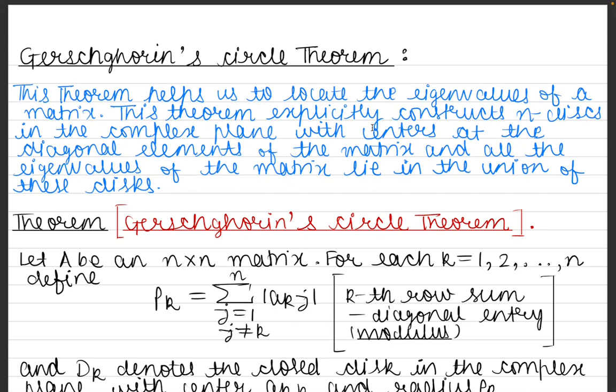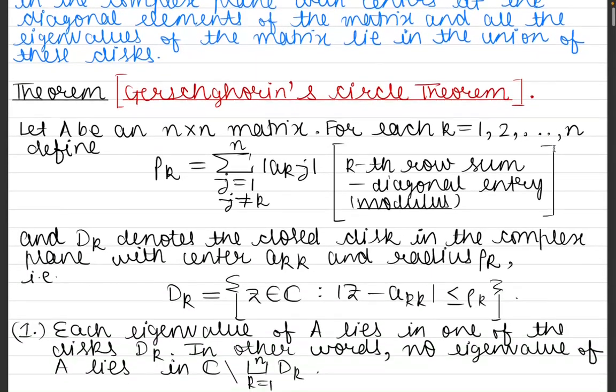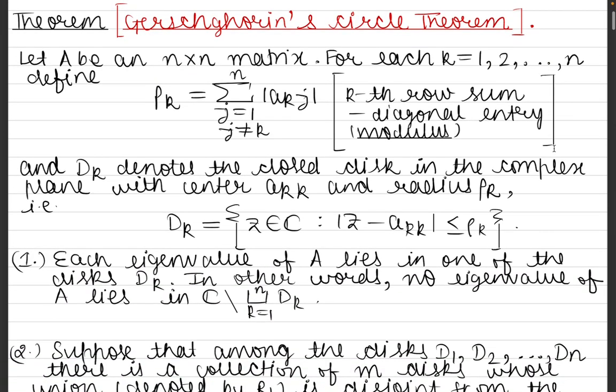Let A be an n cross n matrix, and for each k varying from 1 to n, we define rho k as the sum of all the a_kj such that j goes from 1 to n and j is not equal to k.